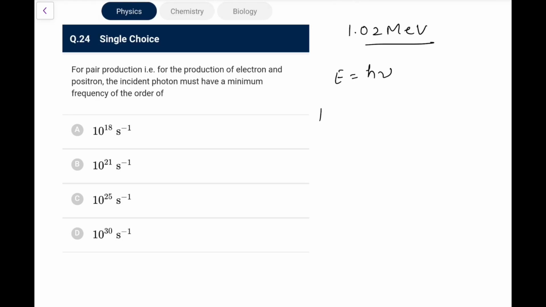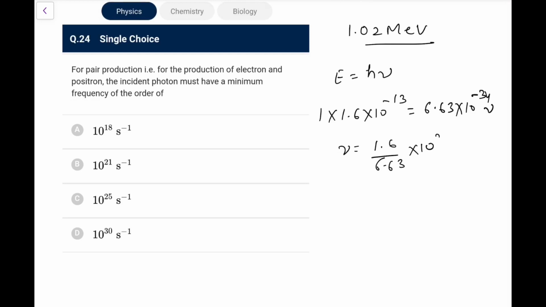Let's say 1 MeV, let me write it as 1 into 1.6 into 10 to the power minus 13, because we only have to check the order, equal to 6.63 into 10 to the power minus 34 into nu. So nu is 1.6 upon 6.63 into 10 to the power 34 minus 13, that is 21. So it is approximately 10 to the power 20, that would be the more appropriate option here. You can go for it.